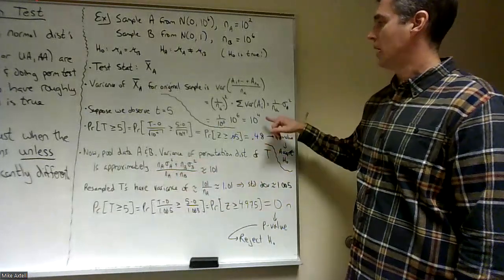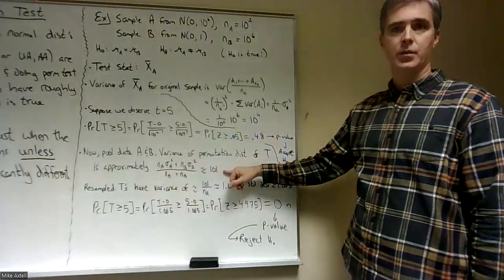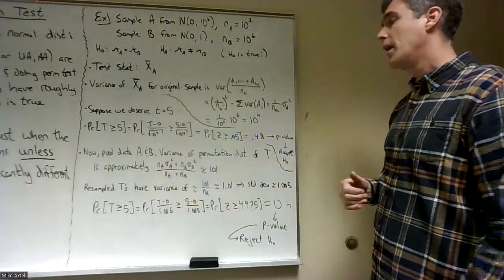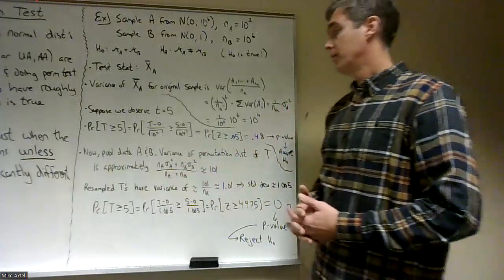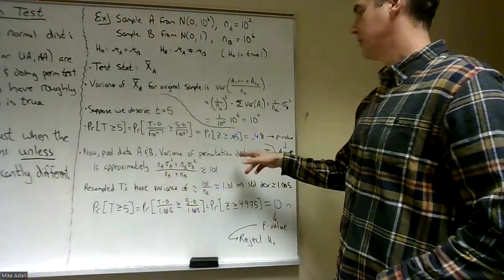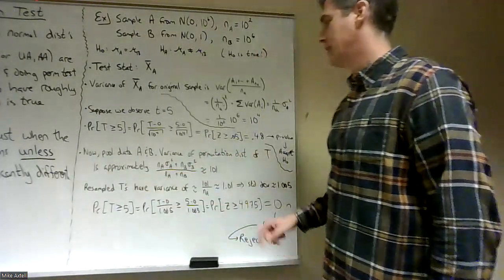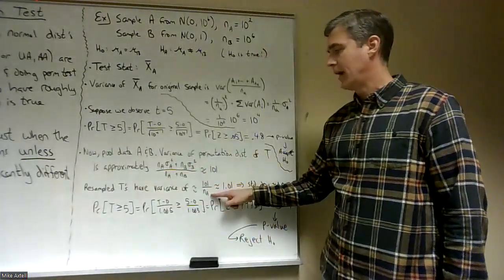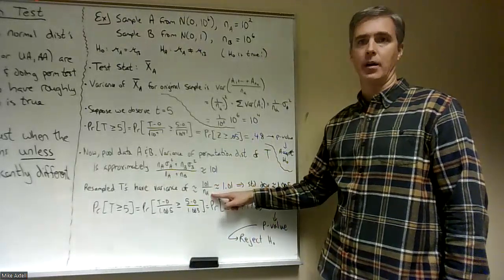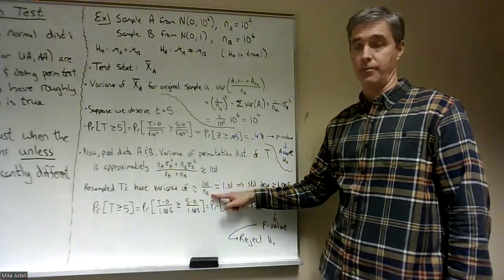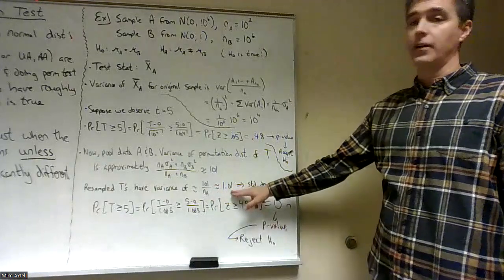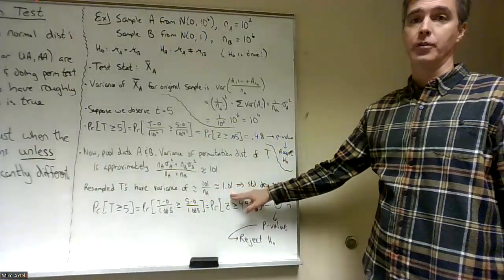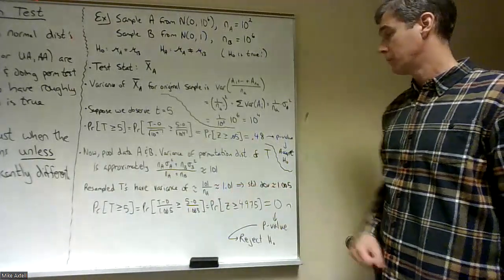So the variance has dropped from 10 to the fourth to about 10 squared. And so the resampled T's have a variance of 101 divided by that 100. We're going to take the average of 100 of them, so it's going to be a variance of about 1.01 for our new test statistic in the pooled data.